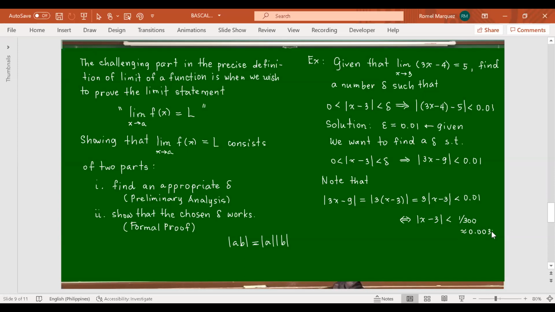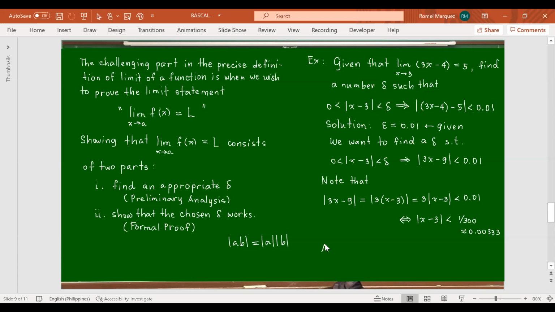Am I correct, guys? Around this, no? Yes, this is just an approximation. So what does it mean? From this result, a suitable choice of delta is this value, 1 over 300. Remember, absolute value of x minus 3 is less than delta. So what is supposed to be our delta?